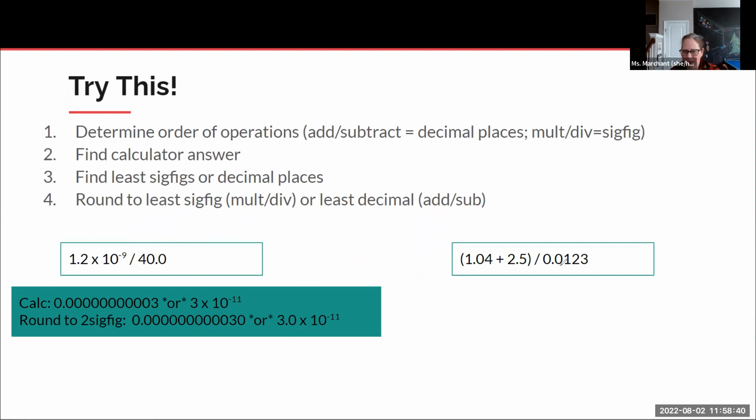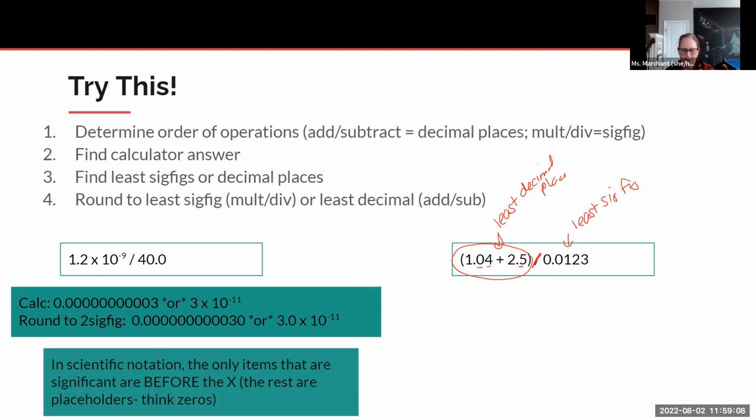And the guy on the right, I notice I have 2 things. I have addition and subtraction. So this part goes by least decimal place. And the divided by here is going to tell me that overall we're going to go by least sig figs. So if you get any one of these, you have to do them in 2 parts, just like you do your PEMDAS. So we do this first, 1 decimal place, 2 decimal places. So that answer needs to be rounded to 1 decimal place.